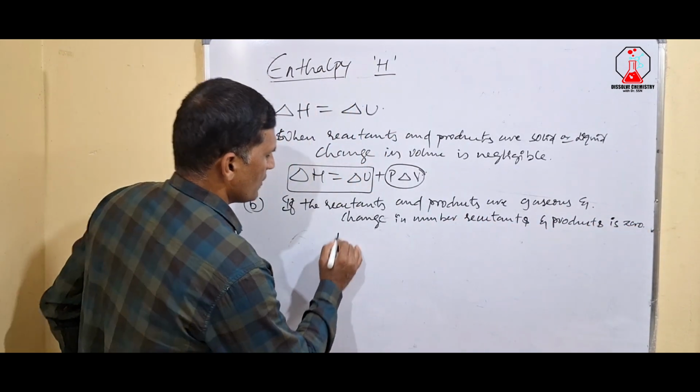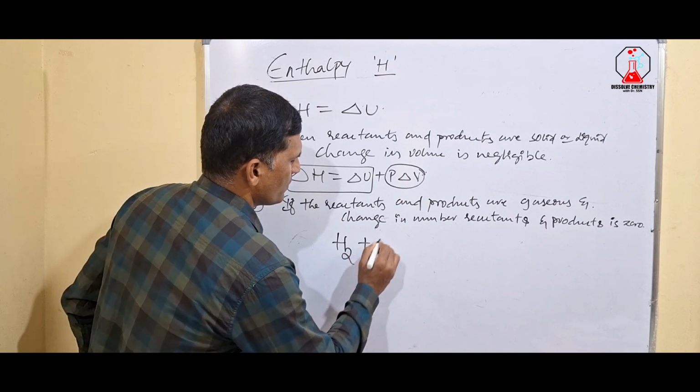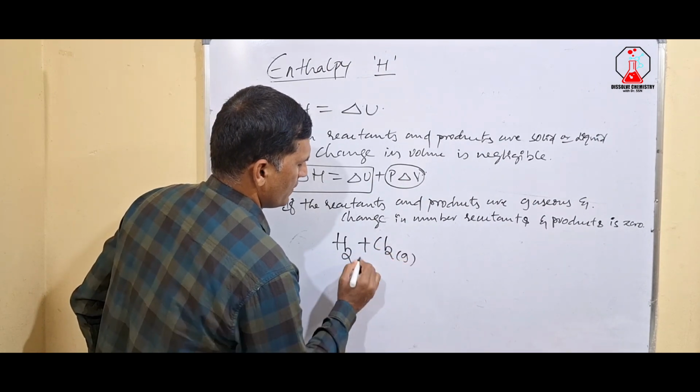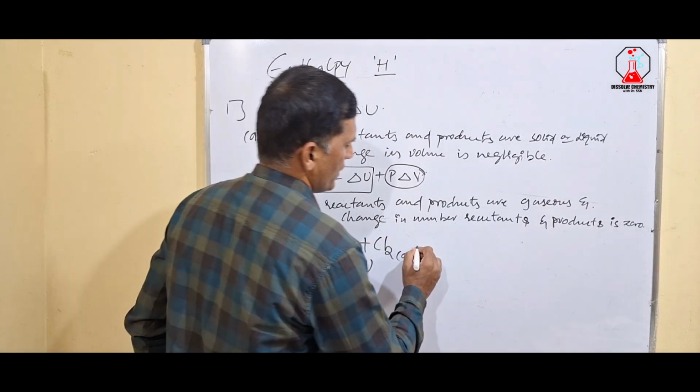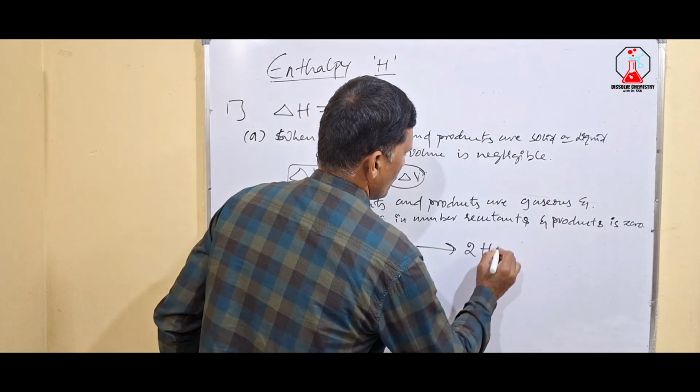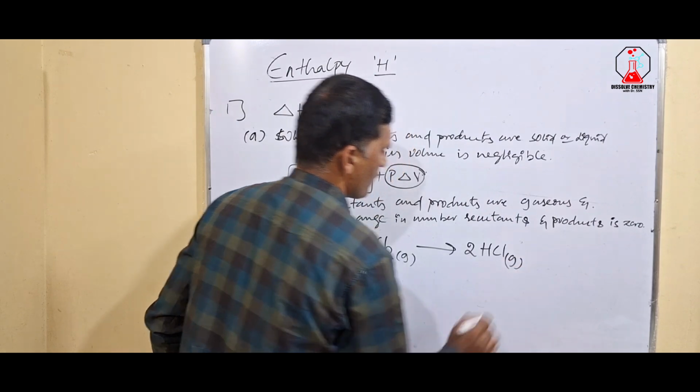That is the combination of H2 plus Cl2 gas. 1 mole of H2 combines with 1 mole of Cl2 to give 2 moles of HCl gas.